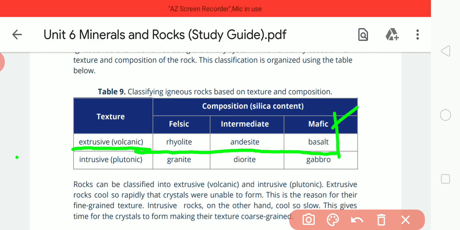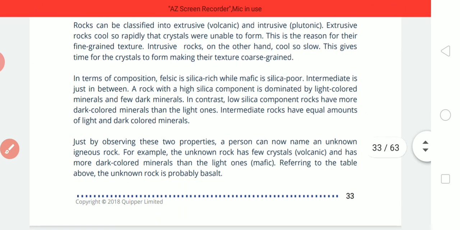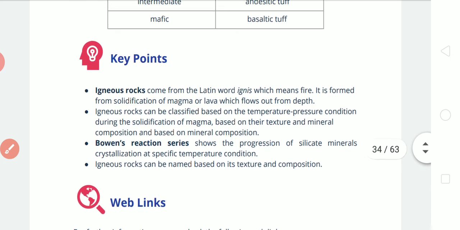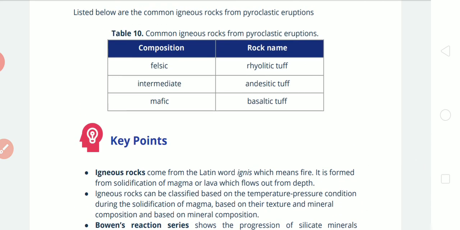So we identify that the certain type of rock is actually a basalt. So this binary system for the naming of igneous rock is easy. Alright, so that is the end of the discussion for igneous rock.